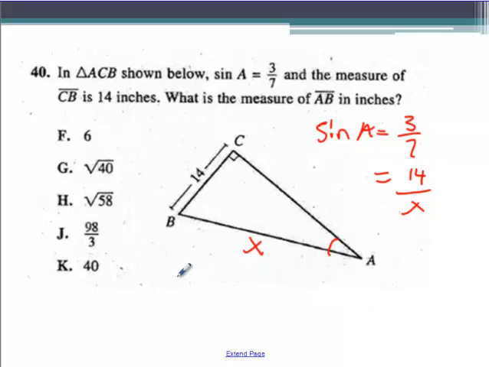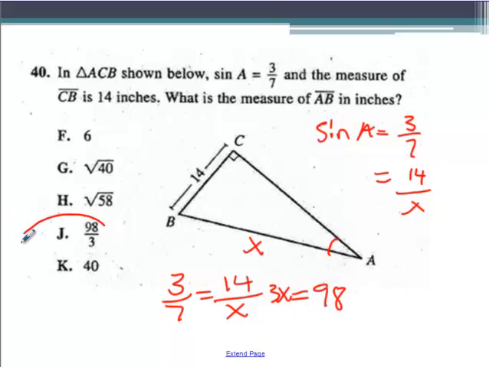These two are equal because they both represent the sine of A. So take 7 times 14. When you cross multiply, you get 3x equals 98. Then you're going to divide by 3, and we get 98/3. There is no third side over here, so you can't do Pythagorean theorem just to find AB. You have to use sine.